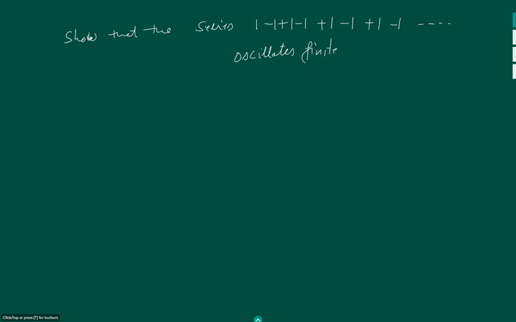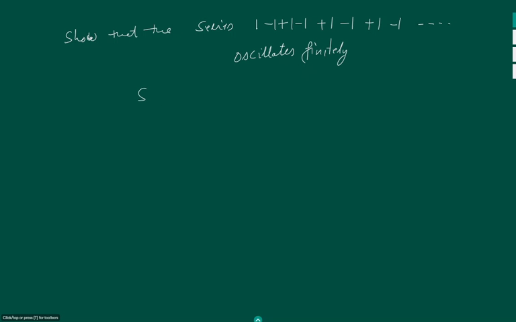Let's do one more important exercise. Show that the series 1 minus 1 plus 1 minus 1 plus 1 minus 1 plus 1 minus 1 and so on oscillates finitely.